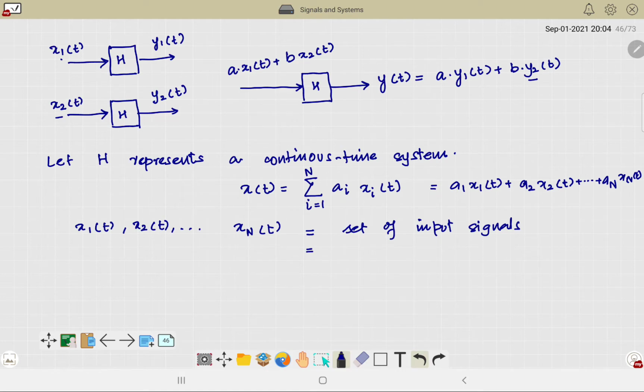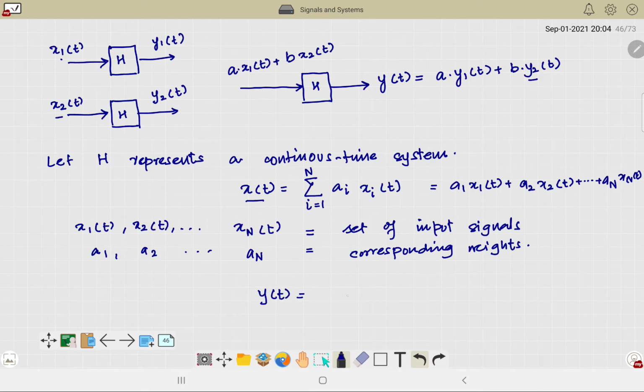And the weights associated are a1, a2, right up to a subscript n. They denote the corresponding weights, right?